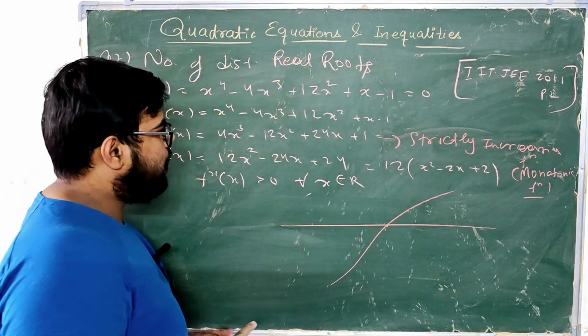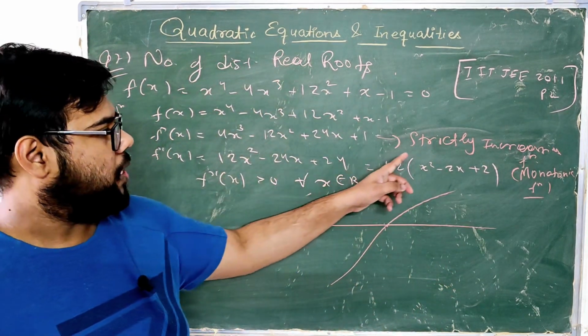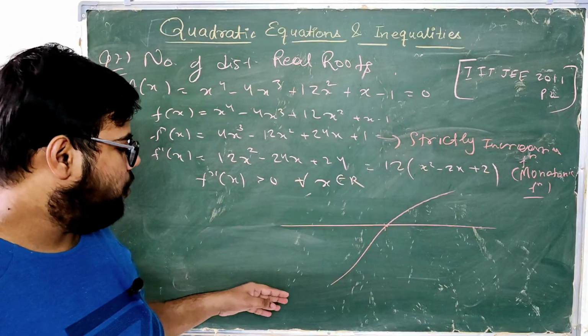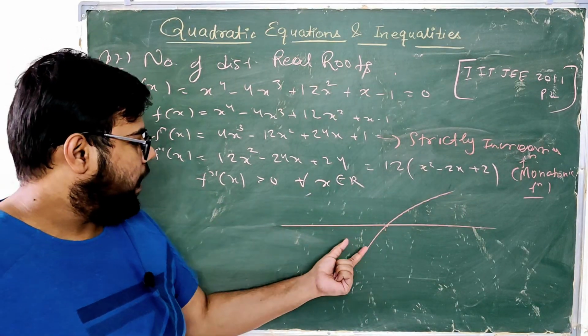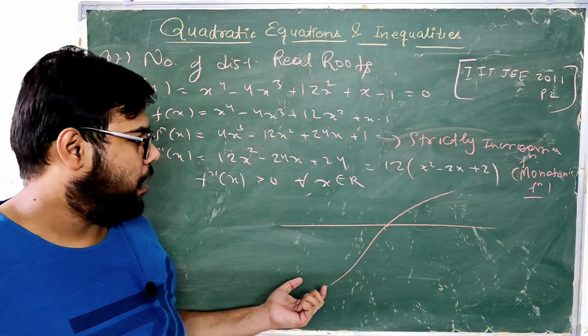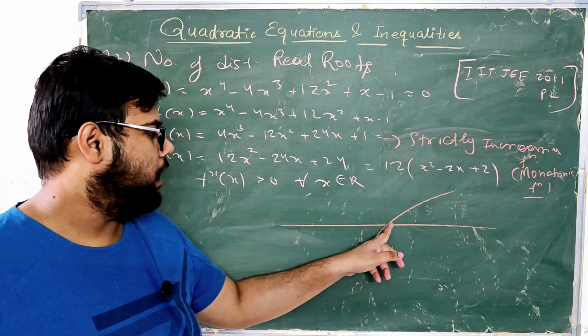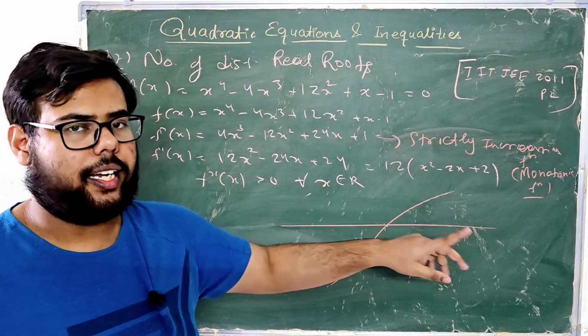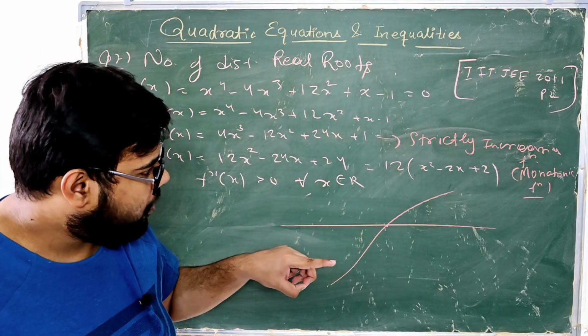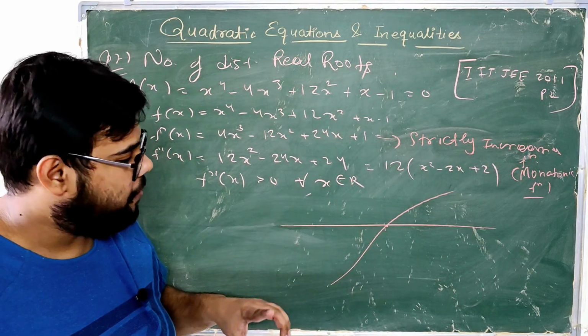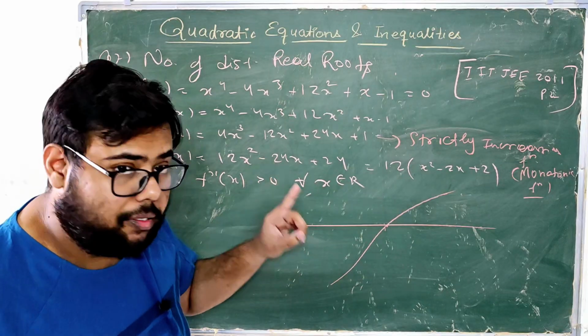I mean at max 1, right? Because it's a strictly increasing function, it will go from negative infinity to positive infinity. So in that domain it will cut the x-axis at least once. And since it's an increasing function, instead of at least, it will be cutting the x-axis only once.